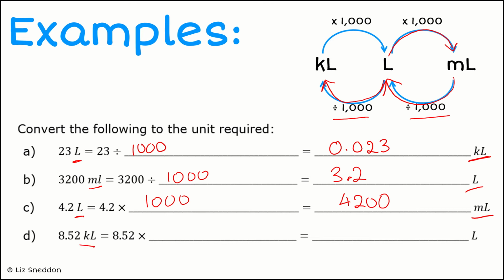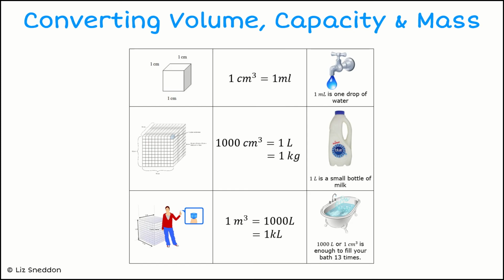And lastly, going from kilolitres to litres, again I'm going to multiply by 1,000. So 8.52 times 1,000 gives me 8,520 litres. So that's when I want to convert within the capacity units.